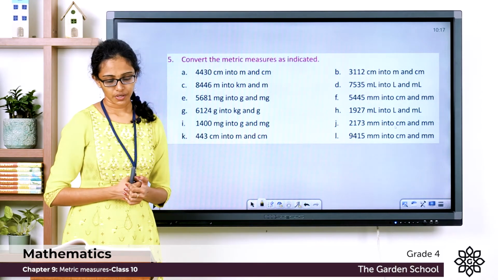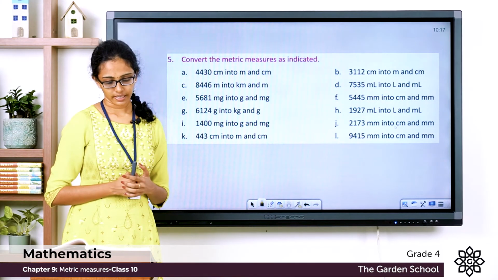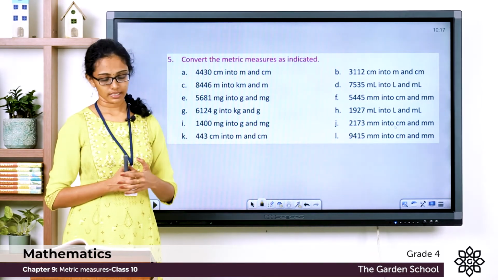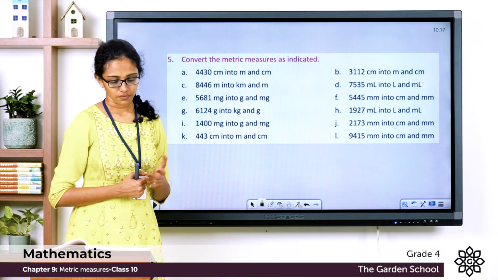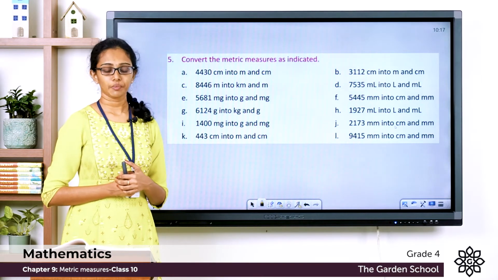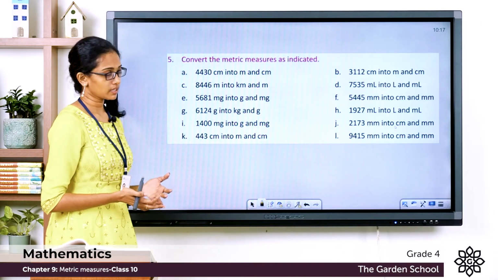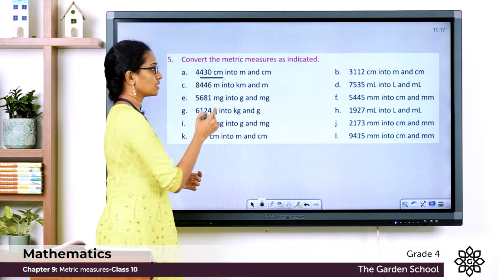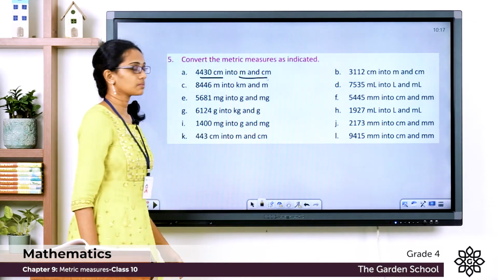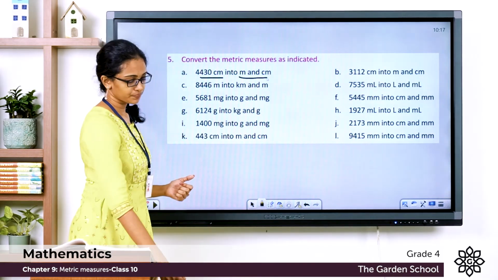Convert the metric measures as indicated, and you have there a set of 12 questions given there for converting from one unit to another. The first question is 4430 centimeter into meter and centimeter. So you are given a measurement in terms of centimeters, which you have to convert into a combination of meter and centimeter. So let's do this one now.